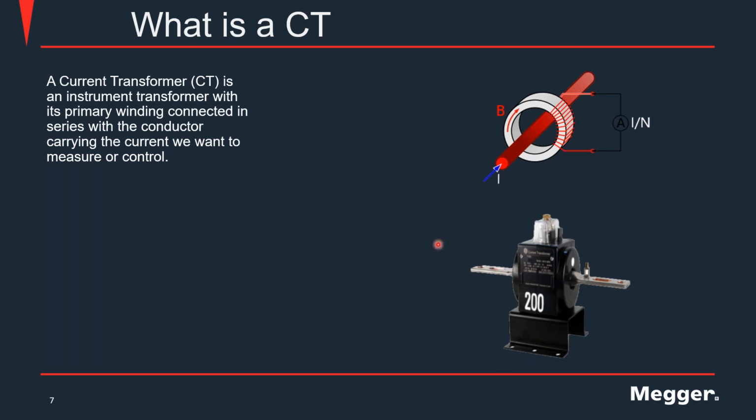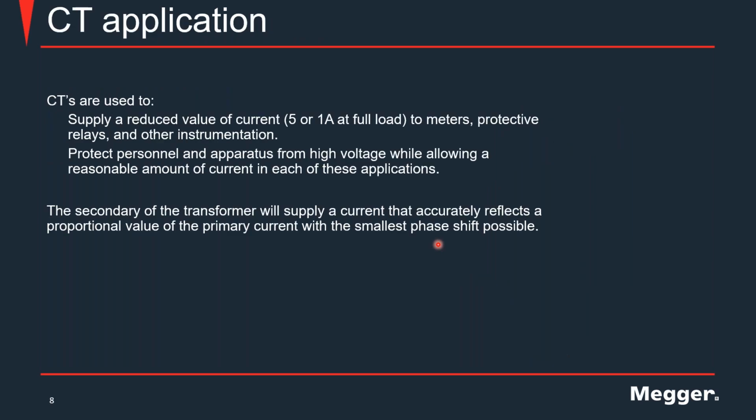This is what we call a bar current transformer. Now, what are current transformers used for? We use them to supply a reduced value of current, either 5 or 1 amps, to meters, protective relays, and other instrumentation.